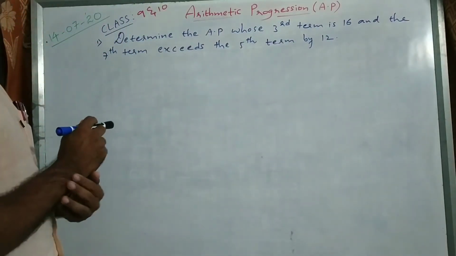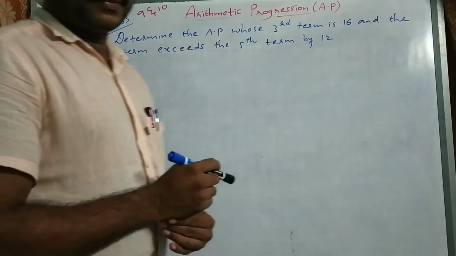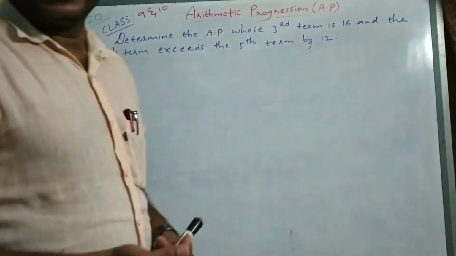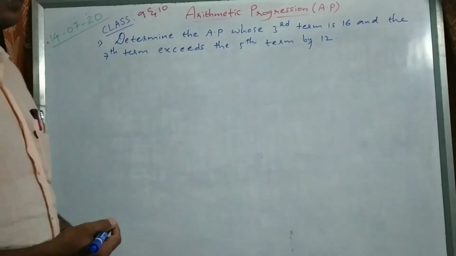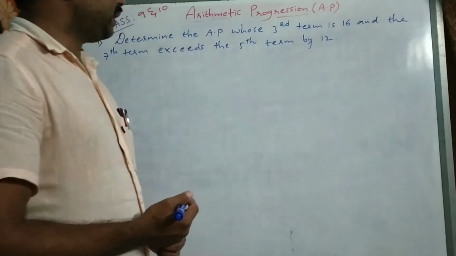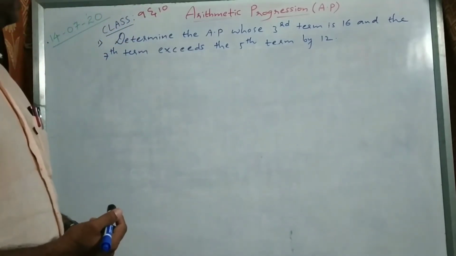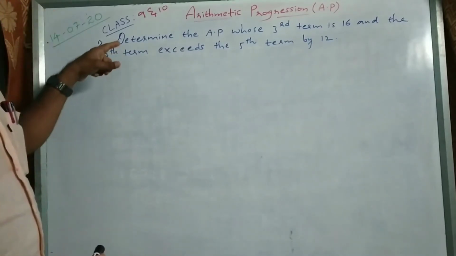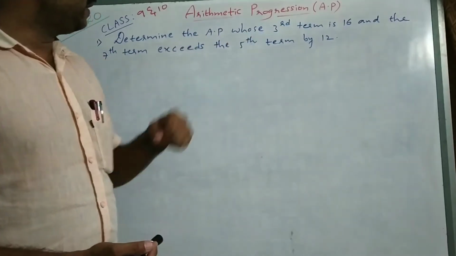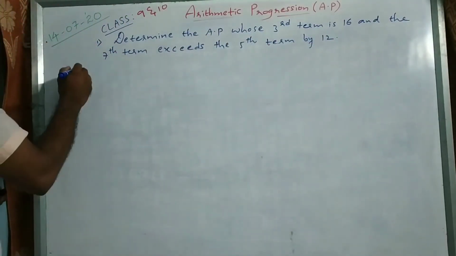In arithmetic progression we discussed the nth term, or general term, or last term of a given AP, that is a plus n minus 1 into d, where a is the first term and d is the common difference. Look at this problem. Determine the AP whose third term is 16.